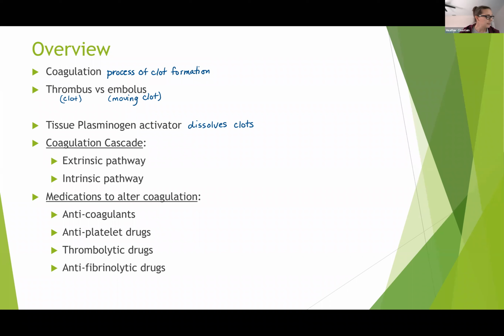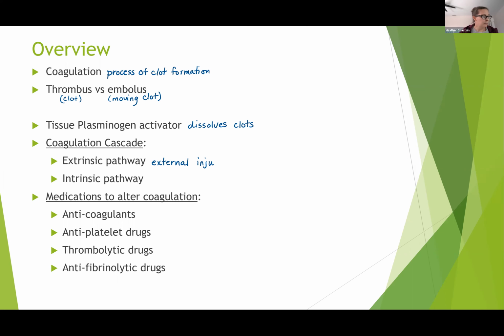So the coagulation process is called the coagulation cascade. There are two pathways. You have the extrinsic pathway, which is initiated by external injury.